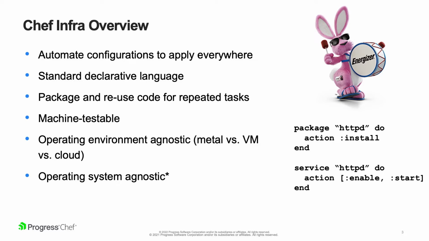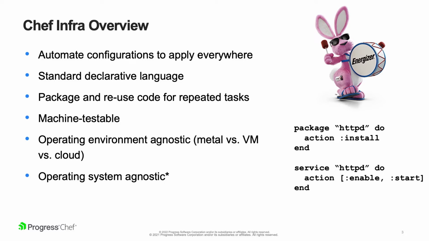And as Michelle mentioned before, it's environment agnostic, meaning you can write recipes and cookbooks with Chef Infra that apply to Linux, Mac, Windows nodes, different flavors of those systems, some rather obscure but still valid operating systems.